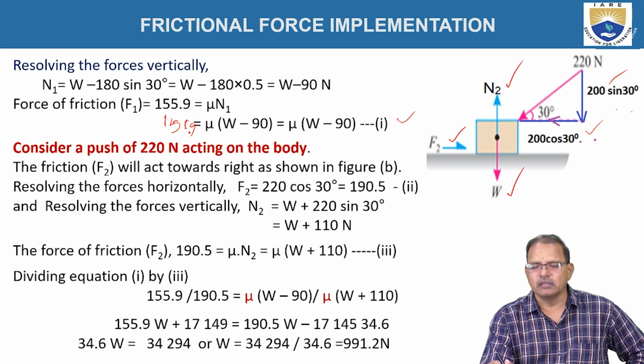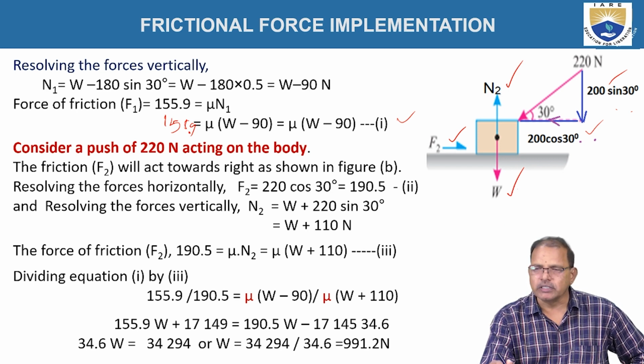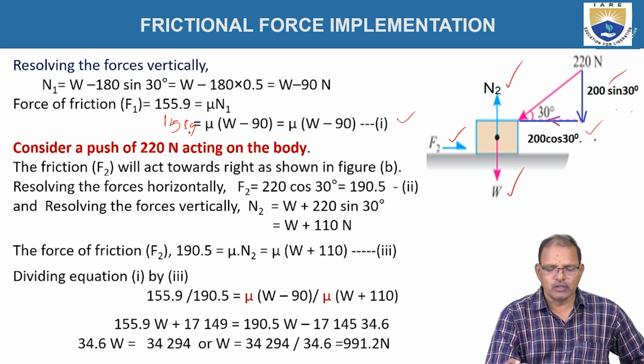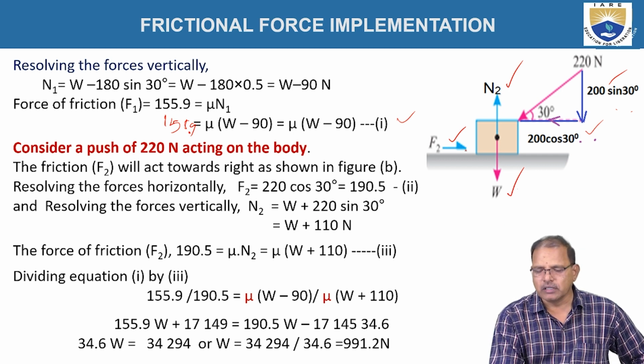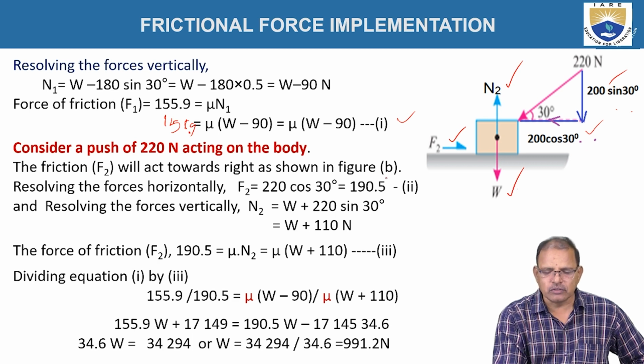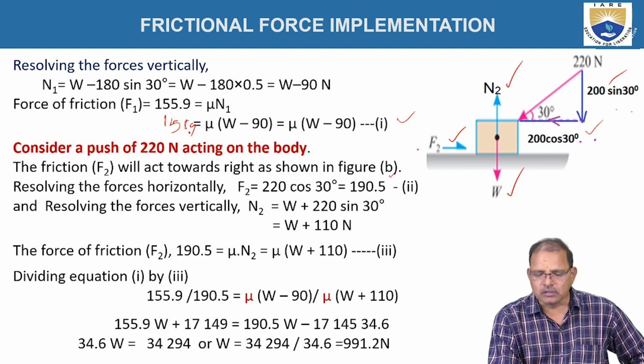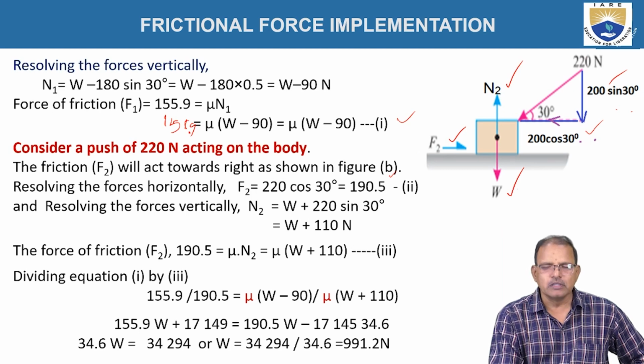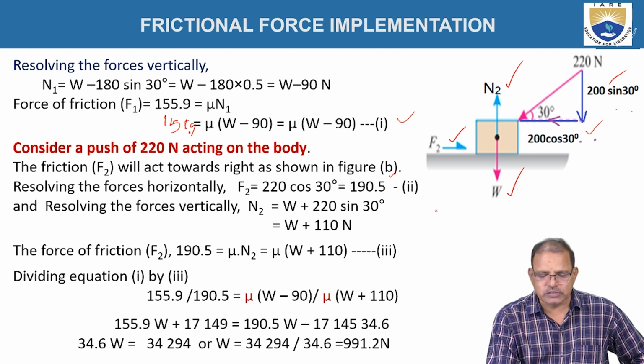Here the body is again about to move, that means it is treated at the equilibrium position. The sum of the forces acting along the x direction should be equal to 0. Similarly, the algebraic sum of the forces acting in the y direction is also equal to 0. Taking horizontal directions, F2 is equal to 220 into cos 30 degrees, which is 190.25 newtons. Similarly, resolving the forces vertically, upward forces are treated as positive and downward forces as negative.